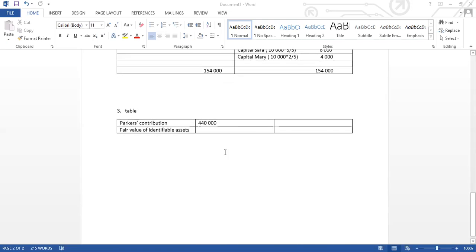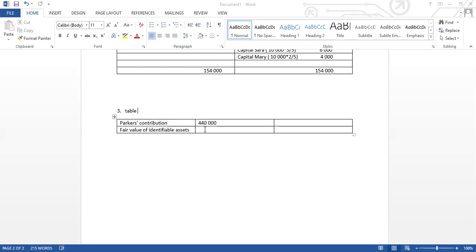Okay, guys, what is the fair value of your identifiable assets? 125 plus the owner's equity. Sarah, may you please explain what identifiable assets are, because some of us are really lost.